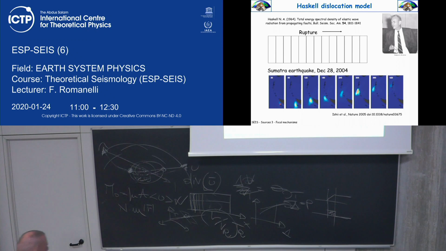And let me just anticipate it, and this is what we're going to do on Monday. If you want to plot the amplitude radiated on average by a seismic fault in frequency according to different moments, we'll have a sort of a shape like this.